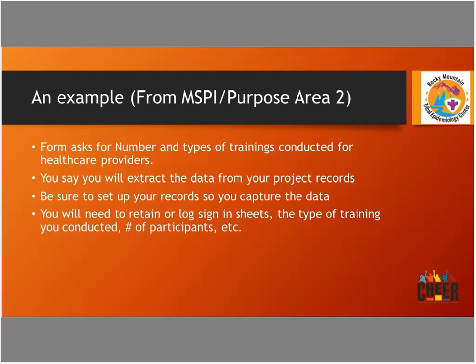You'll say you'll get the information from your project records. So you need to be sure that if you do a training at the very beginning of year 3, then when you get to the end of year 3 and have to send in your data, your project records correctly let you know how many people attended that training and what the training was, and hopefully you have copies of the certificates, so that whatever you promise in this form, you're actually able to do.